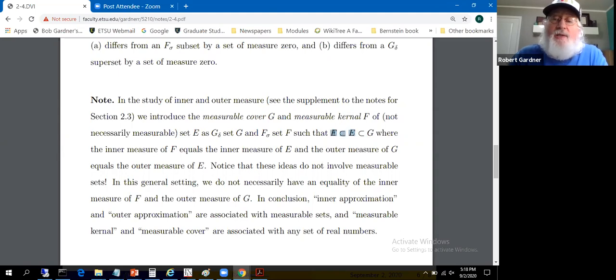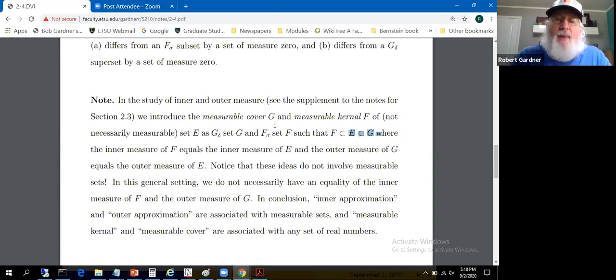We saw in the supplement that the inner measure of E equals the inner measure of F. So these two are of the same inner measure. These two are of the same outer measure. Now that doesn't mean F and G have the same measures. It will if E is measurable, but it doesn't otherwise.